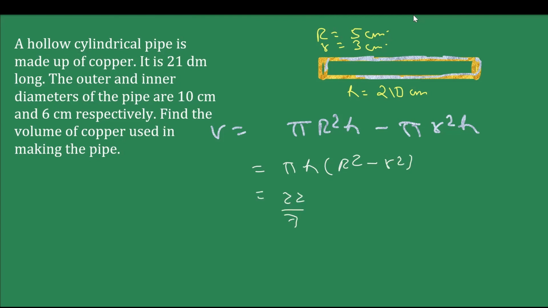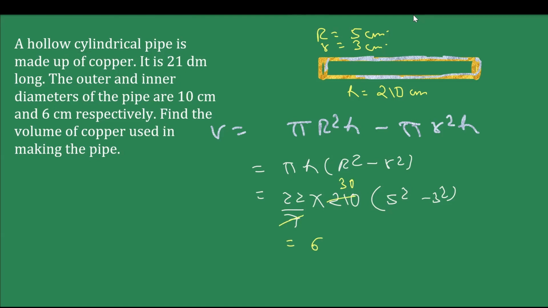Pi we can replace with 22 over 7, the height is 210, and the radius part is 5 square minus 3 square. Now this can be reduced: 7 one times, 7 thirty times.